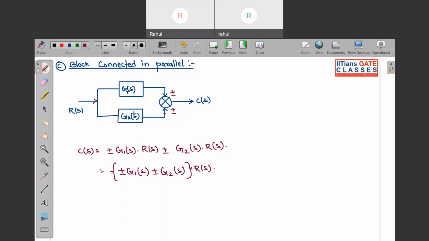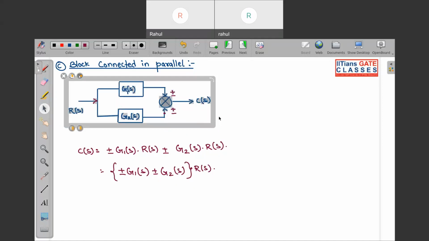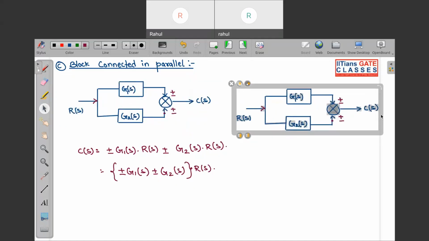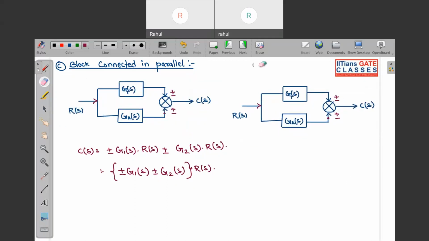Okay, suppose I take a particular example over here, so over here it is plus, over here it is minus. So C(s) will be equal to what?